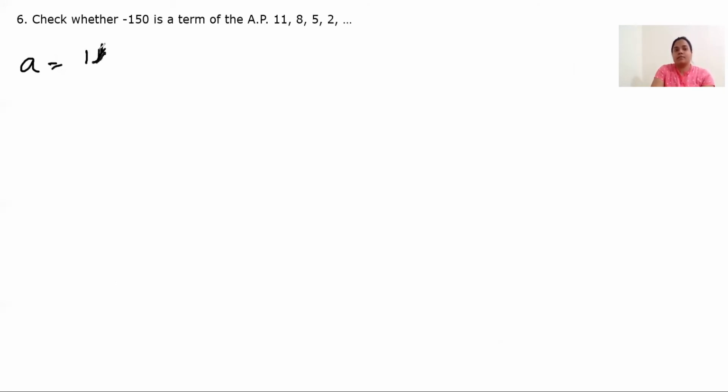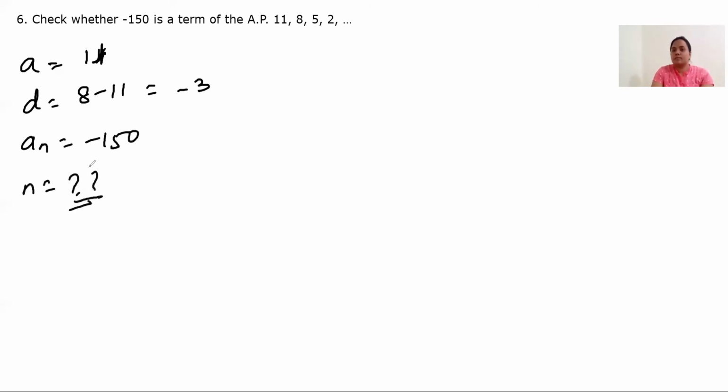a is 11, d is 8 minus 11, that is minus 3. An is given as minus 150. We have to find n. So An is equal to a plus n minus 1 d.